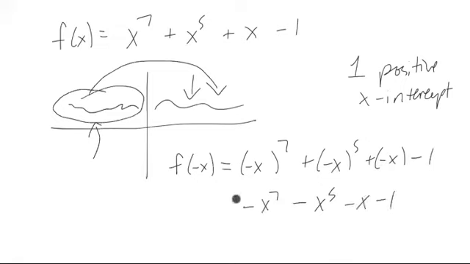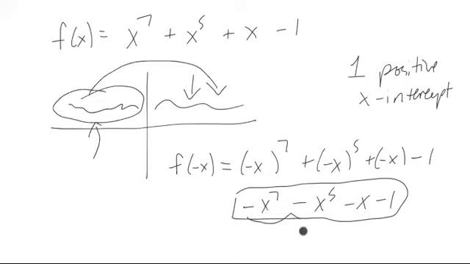Okay, then we look at this and we say, we just reflected this over. So what was negative in this graph is now over here. So then we do the same analysis and we count signs. I don't see any sign changes, which means that there are 0 negative x-intercepts for sure. So we know for sure there are no negative x-intercepts and there's one positive x-intercept in this case.